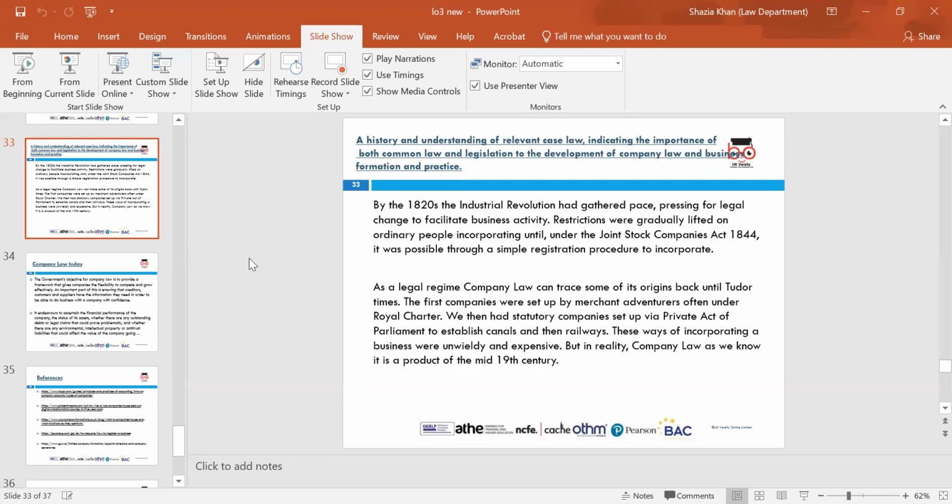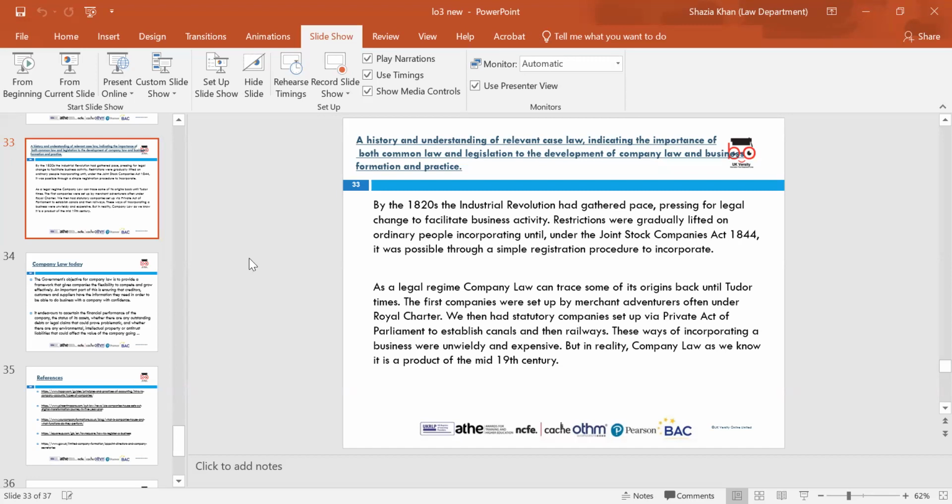So the law changed. By the 1820s, the Industrial Revolution had gathered pace, pressing for legal change to facilitate business activity. Restrictions were gradually lifted on ordinary people incorporating until, under the Joint Stock Companies Act 1844, it was possible through a simple registration procedure to incorporate. As a legal regime, company law traced some of its origins back to Tudor times.